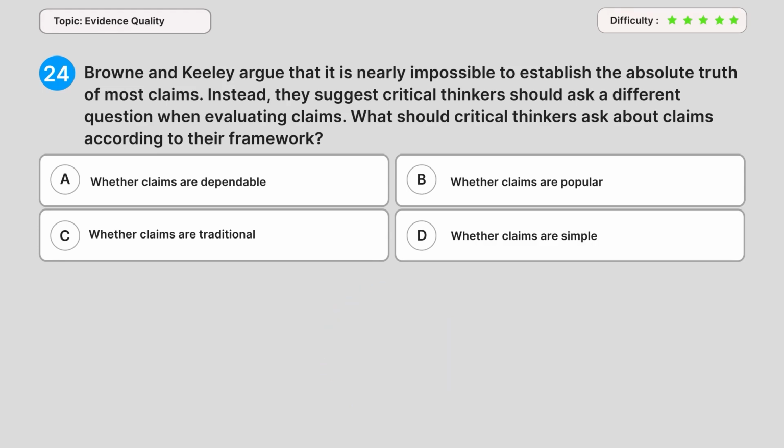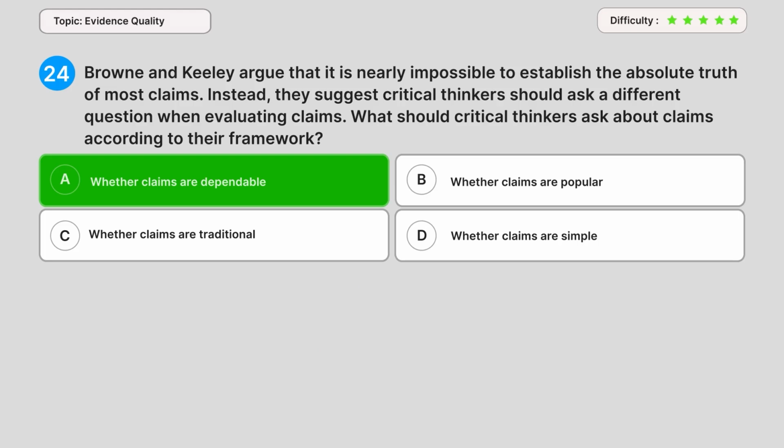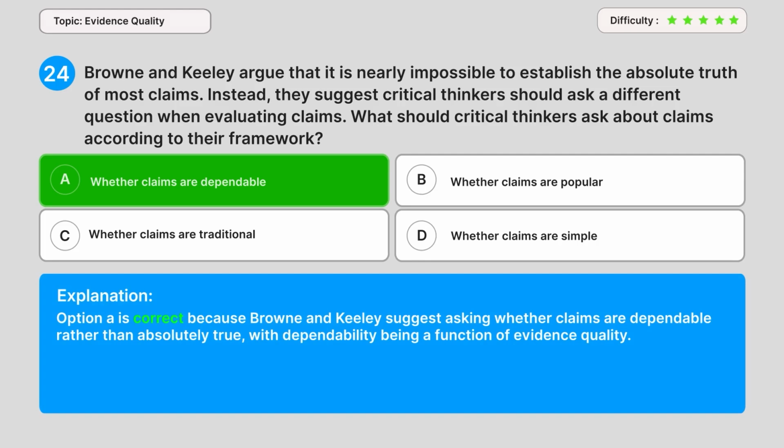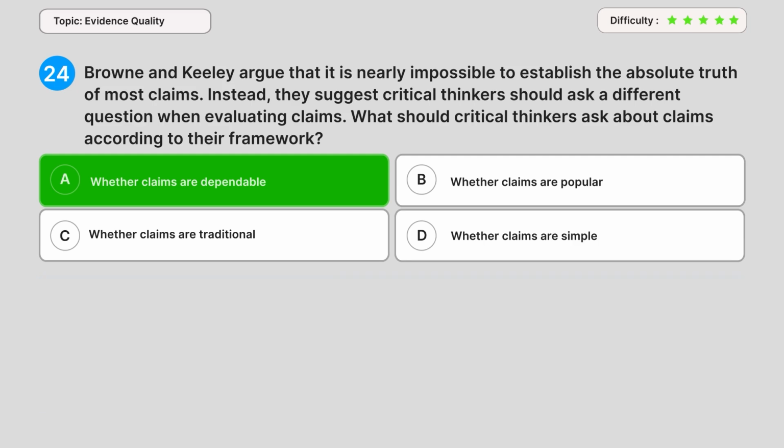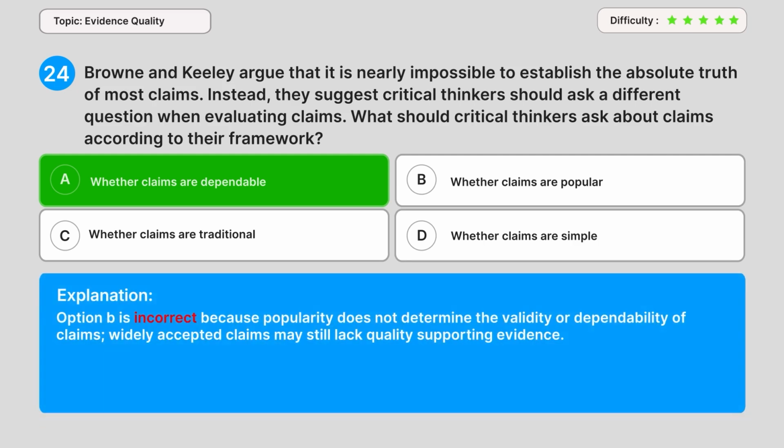Correct answer, A. Whether claims are dependable. Explanation. Option A is correct because Brown and Keeley suggest asking whether claims are dependable rather than absolutely true, with dependability being a function of evidence quality. Option B is incorrect because popularity does not determine the validity or dependability of claims.